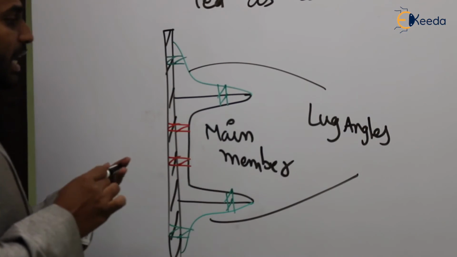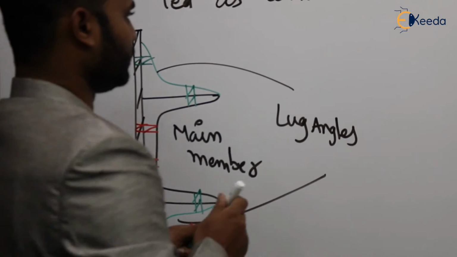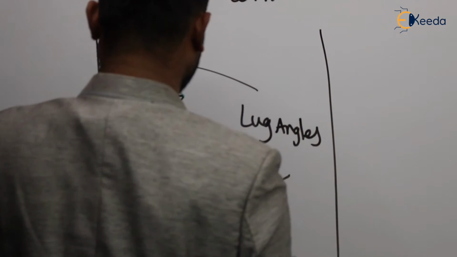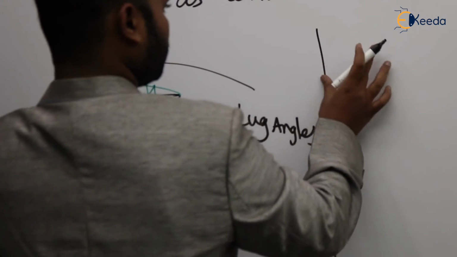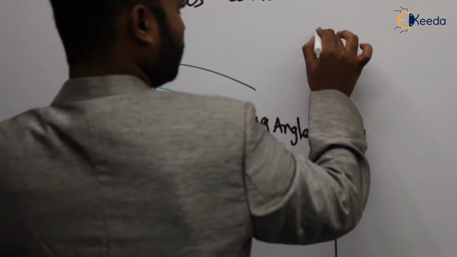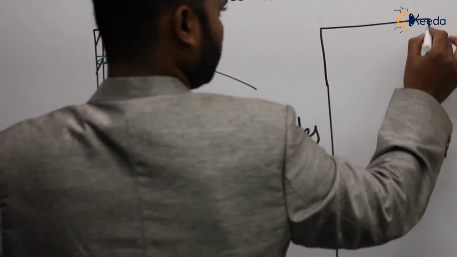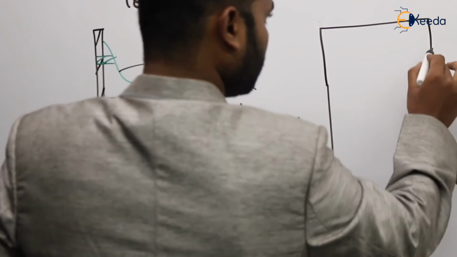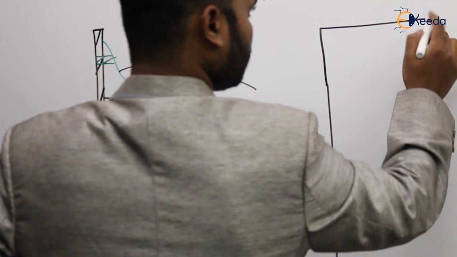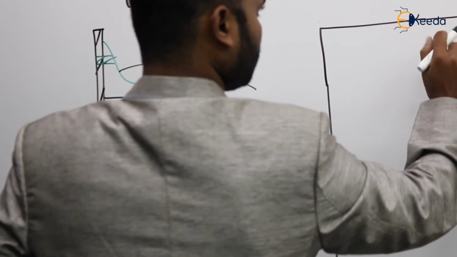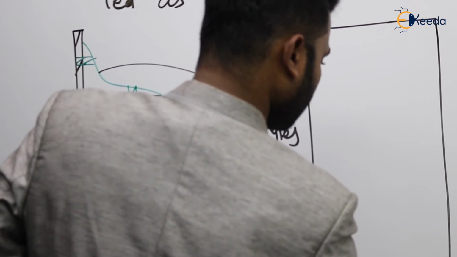Now if I show you the length or longitudinal view, this is the gusset plate.